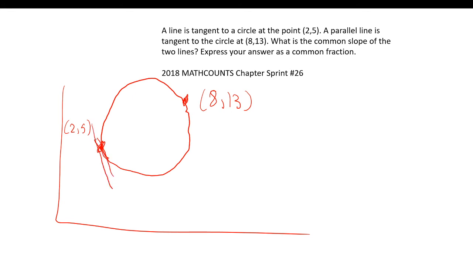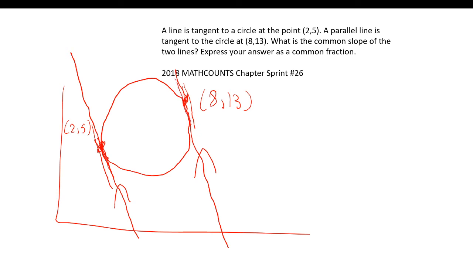I guess the line's right along here, and it goes like that, and it goes like this. And then we have another line which is parallel to that line. It's tangent as well. So these two lines are parallel. And we want the common slope.